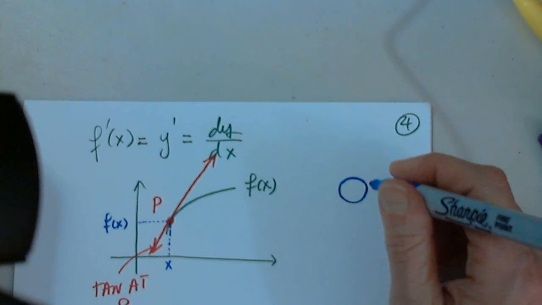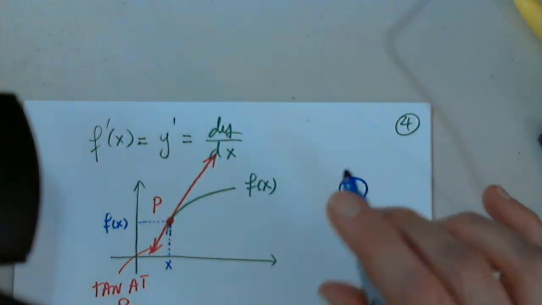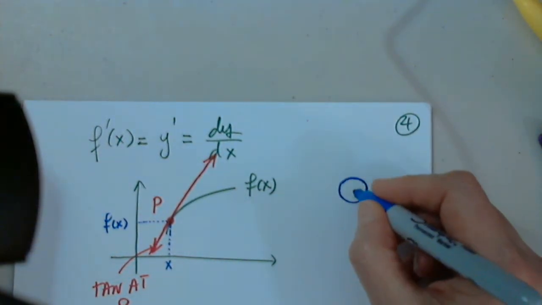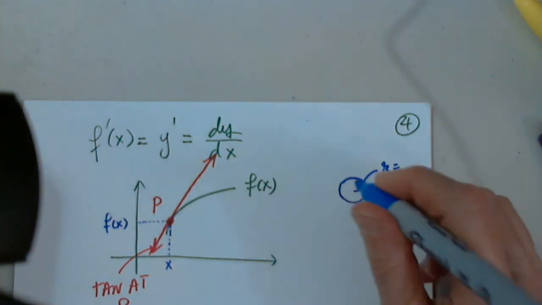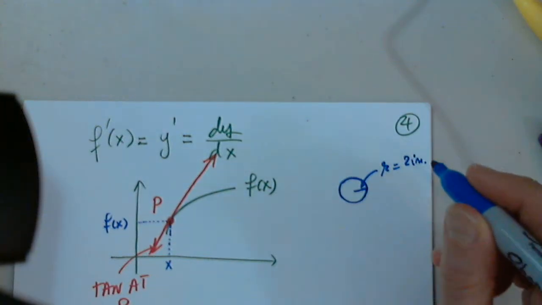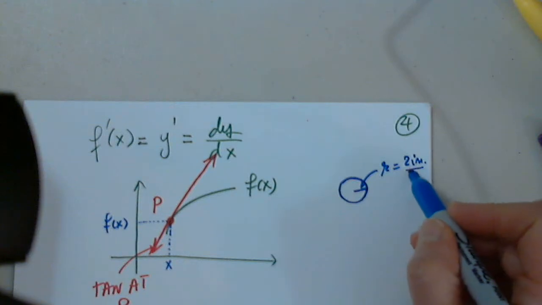I don't know what the use is, maybe for the auto industry or other industries. Just imagine that we are producing disks, and we want the radius of the disk to be 2 inches. That's the requirement. Our customer wants whatever number of disks, and the radius is 2 inches.